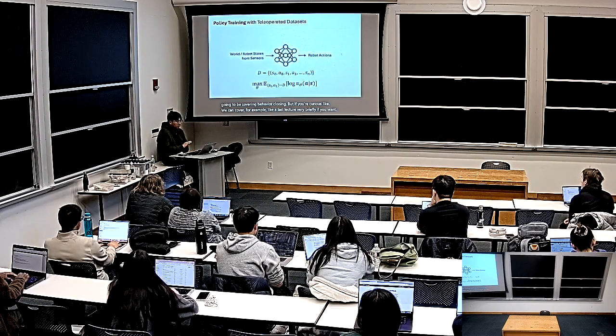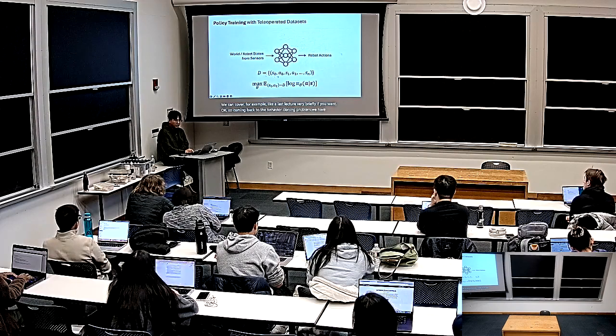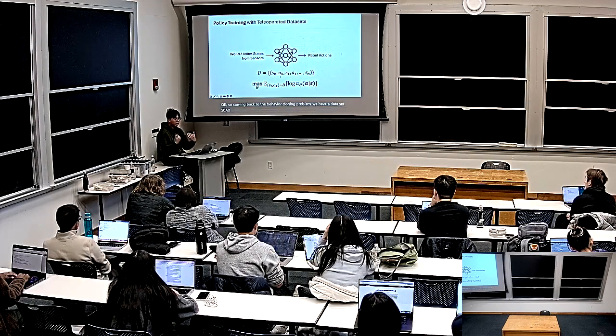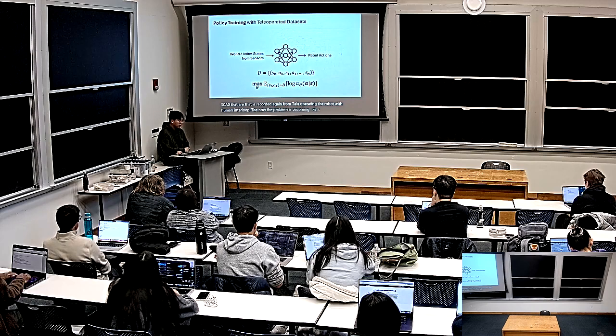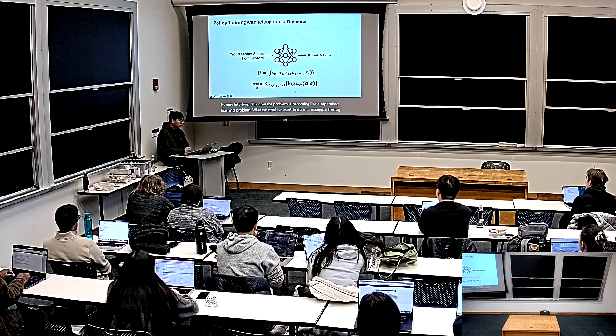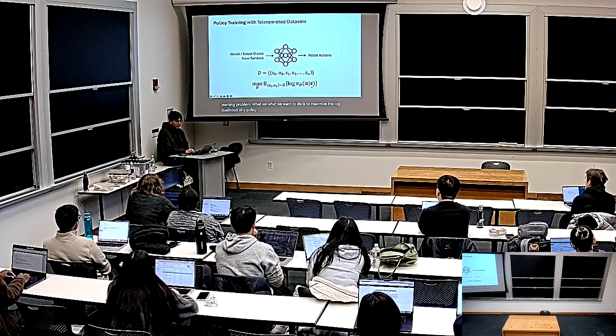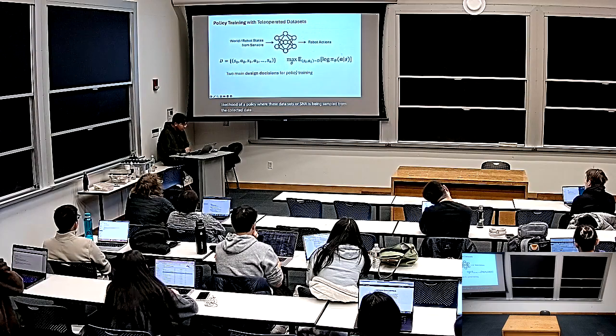Okay, so coming back to the behavior cloning problem, we have a dataset, S0, A0, and so on, that is recorded from teleoperating the robot with a human in the loop. Now the problem becomes a supervised learning problem. What we want to do is maximize the log likelihood of a policy, where the data, S and A, is sampled from the collected dataset.